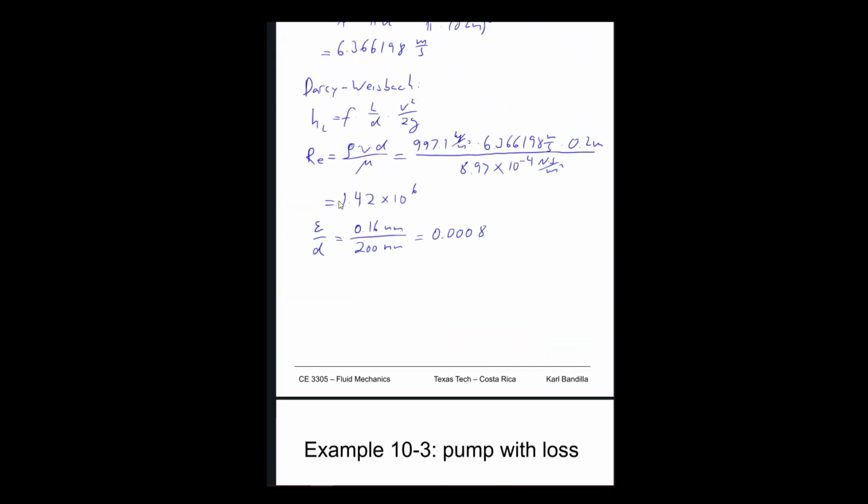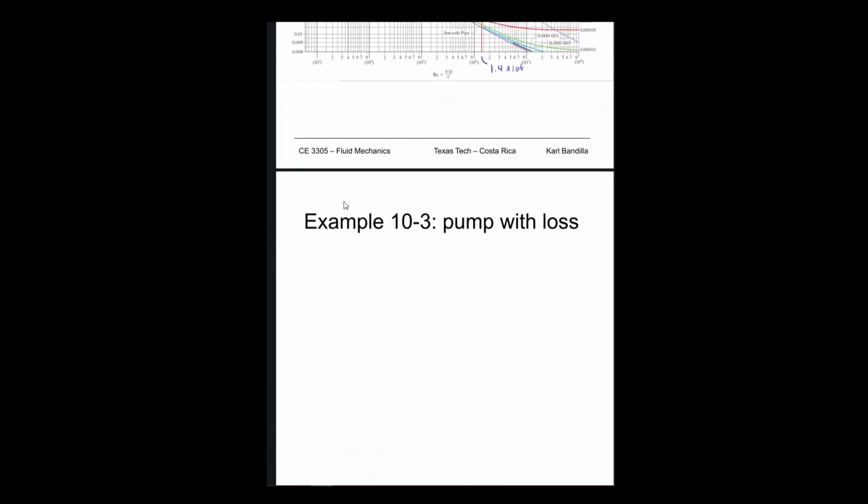Let's go back up here. So we can say from the Moody diagram, f is equal to 0.0188. All right, now we can go ahead and plug that in.